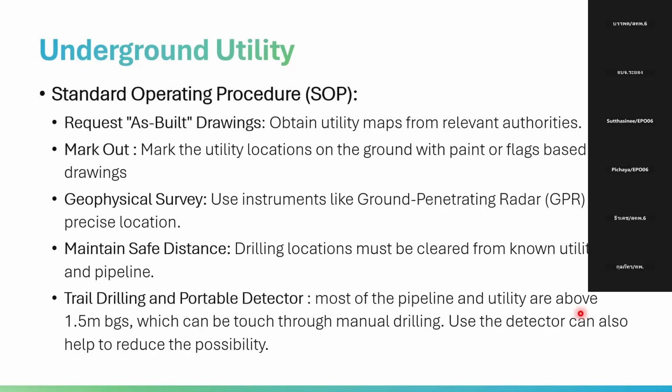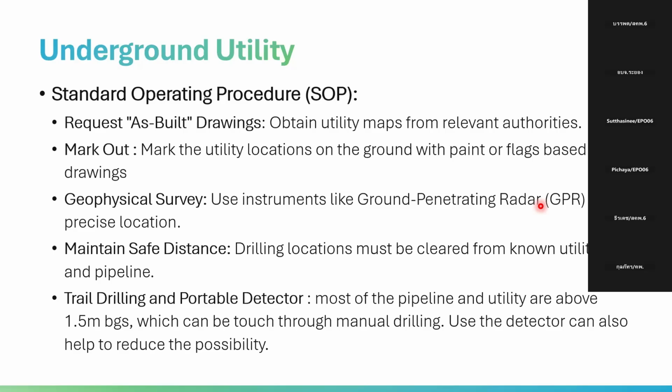And of course, use a geophysical method like ground penetrating radar or other tools to figure out the distribution or layout of the underground pipeline. When you place the soil sampling point, maintain a safe distance from the underground pipeline.